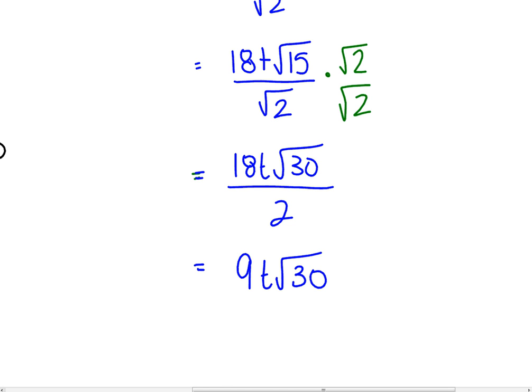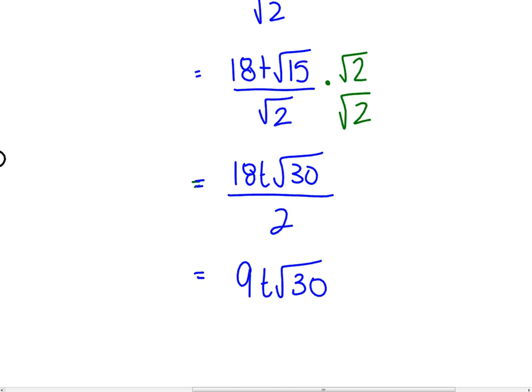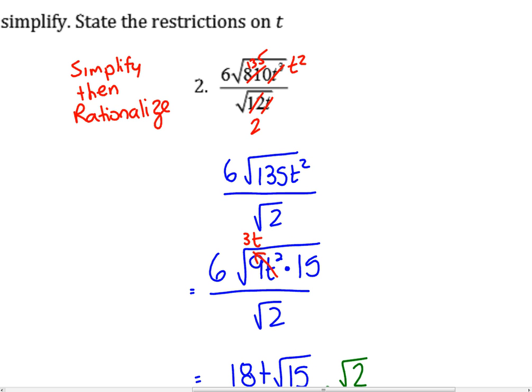Okay, one more thing we need to write is restriction. So let's look at the original of this guy. Restrictions. Now, this is a square root, so there most likely is a restriction. Now, these are to the power of 3 and power of 1. What happens when I take a negative and bring it to the power of 3?